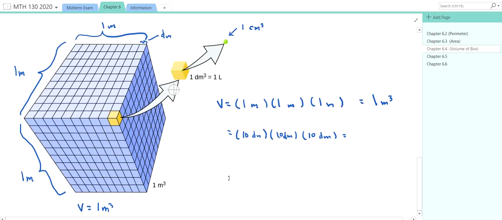So 10 times 10 is 100, times 10 is 1,000. So we've got 1,000 cubic decimeters in a meter cubed.